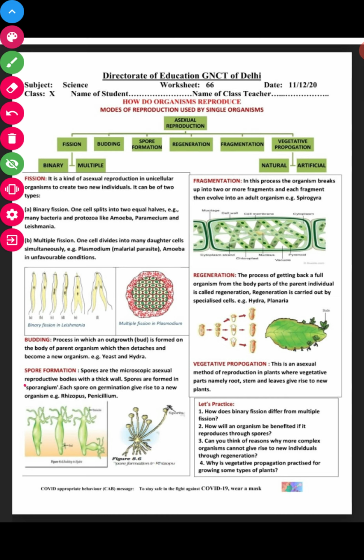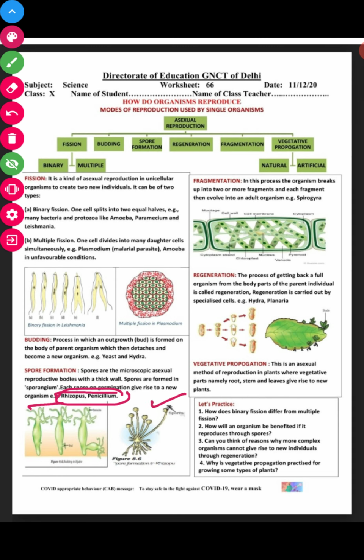Next we have spore formation. Spores are microscopic asexual reproductive bodies with a thick wall. Spores are formed in the sporangium. Each spore on germination gives rise to a new organism, and examples are rhizopus and penicillium.